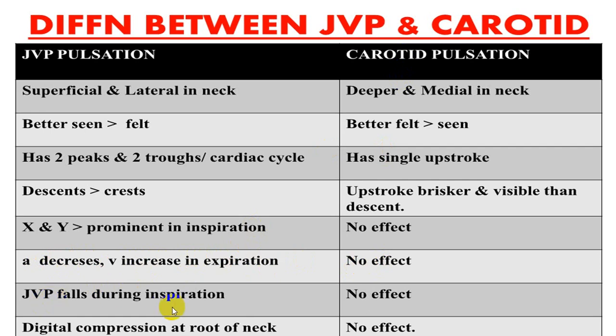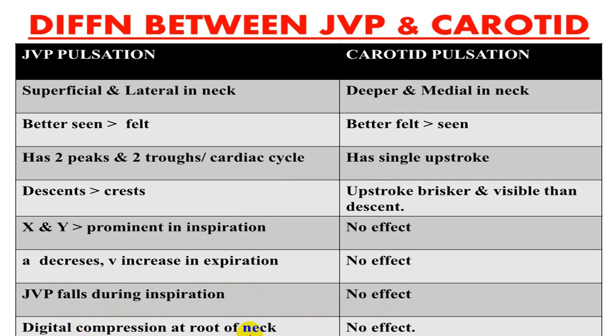JVP will usually fall during inspiration and there will be no effect of inspiration on the carotid pulse. But during deep inspiration, if the JVP rises and gets elevated, it is called Kussmaul's sign, characteristic of constrictive pericarditis.